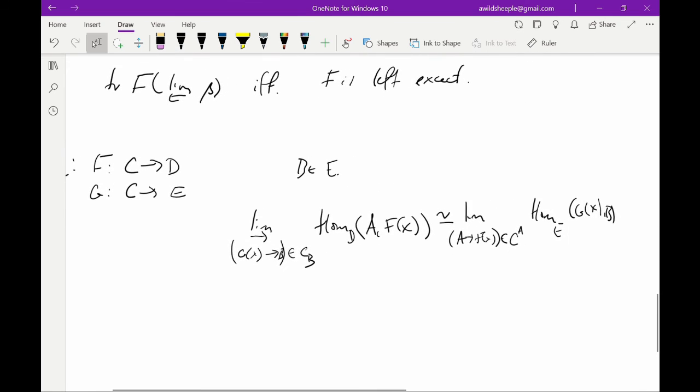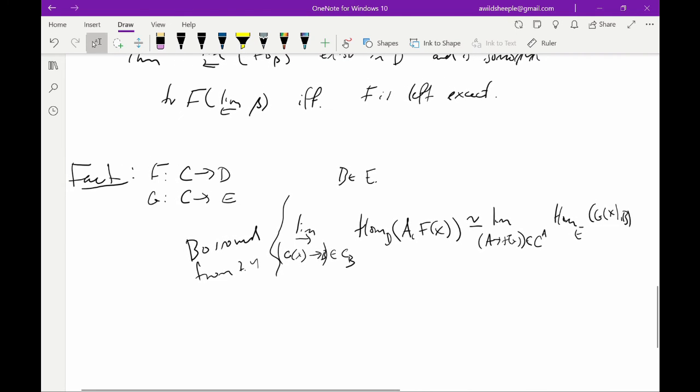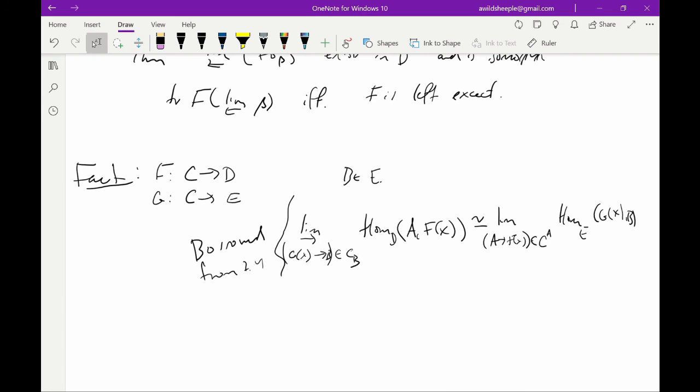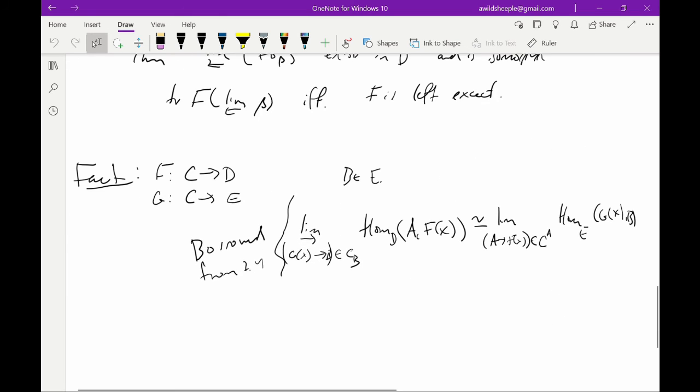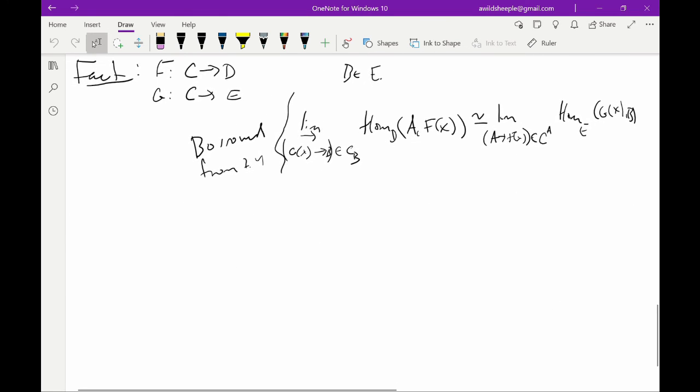And I'm not going to prove this fact now. We borrow this from 2.4. And I'm sorry, I'm trying to zoom out a little bit so that everything fits, but maybe you have to pause the video and take a moment and get this. Store this fact in your brain.